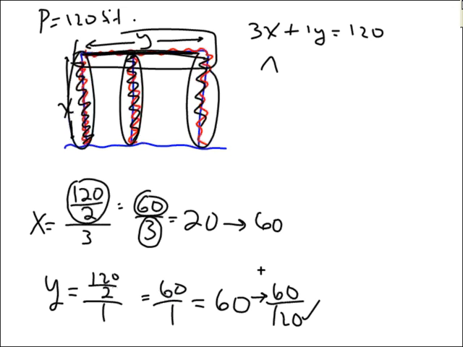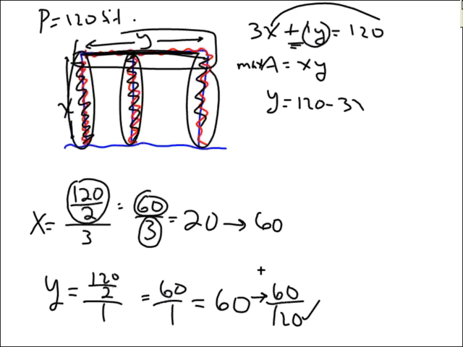And we know the area is XY. So somehow we have to get rid of one of the variables, and we want to maximize our area. So if you bring this 3X over, you get that 1Y is 120 minus 3X.